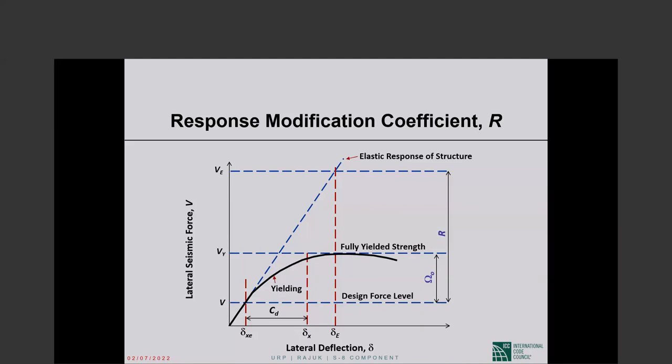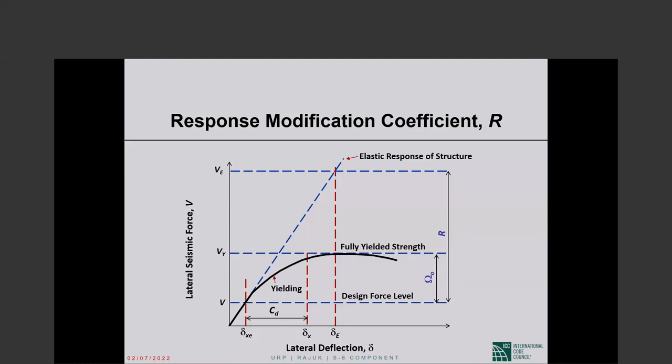Our force level is more like a quarter of the force level that would have been needed for elastic response to the design earthquake. Just keep that in mind. I don't want to go any more into that. It gets a little bit complicated that way. So R is the response modification factor.